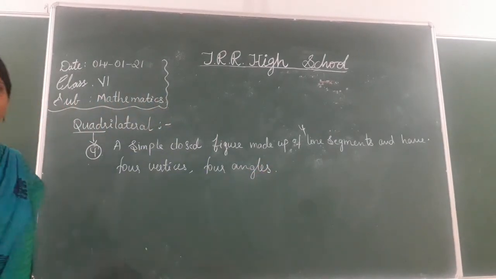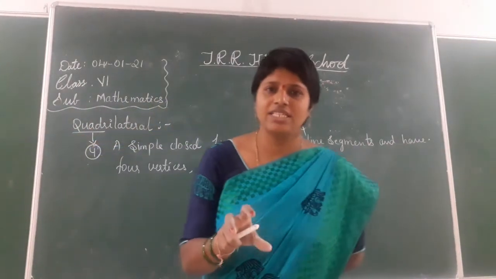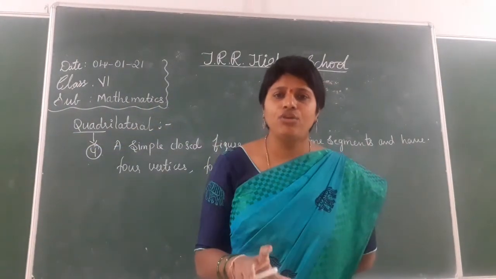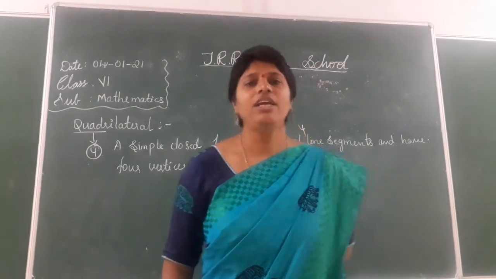Any shape which has four sides, four angles and four vertices is called a quadrilateral.